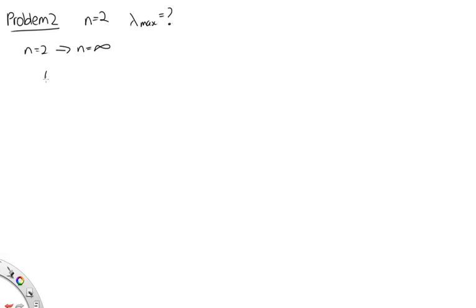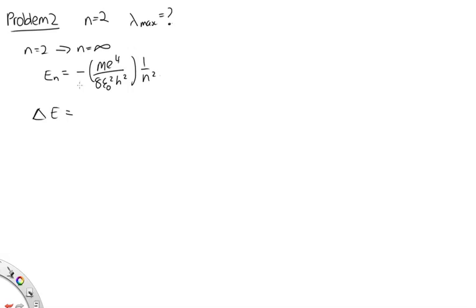So we've got that the energy of the nth state is equal to minus me to the 4 over 8 epsilon naught squared h squared times 1 on n squared. So our change in energy when we're going from n equals 2 to n equals infinity is equal to this at infinity. 1 over infinity squared is 0, so that's 0.